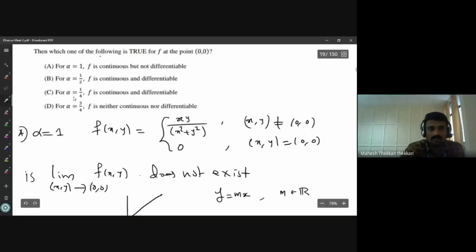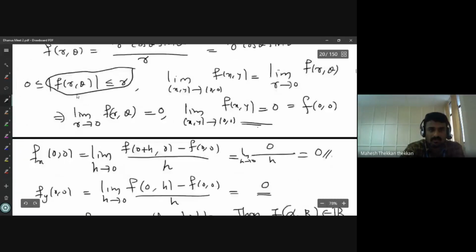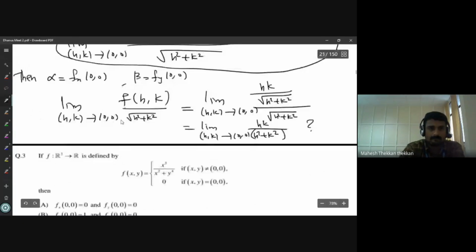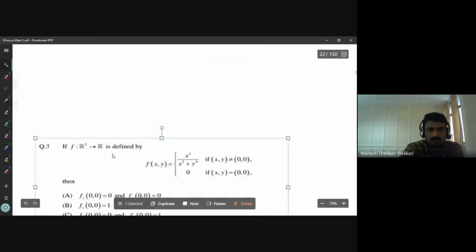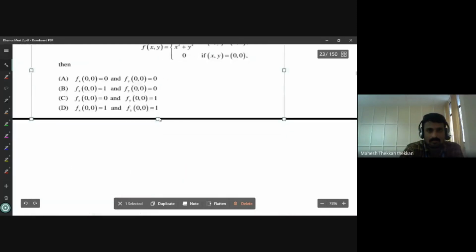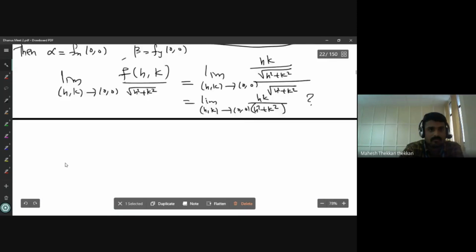Now we will go for the case alpha equal to 1 by 4. So for alpha equal to 1 by 4, you look at it the same way.